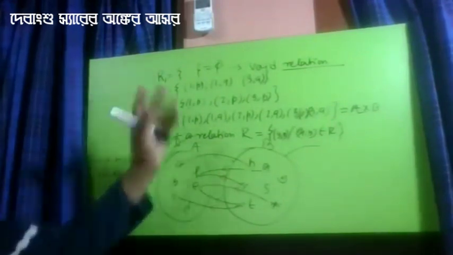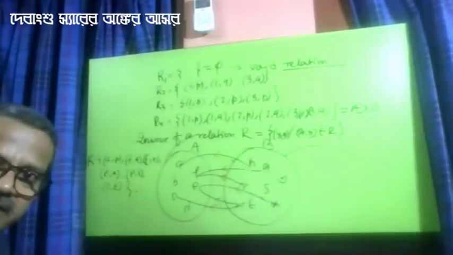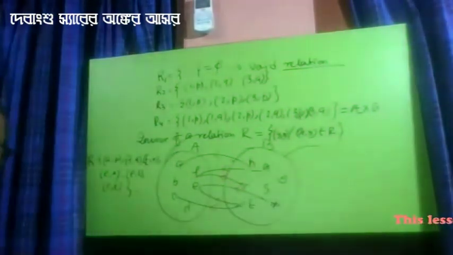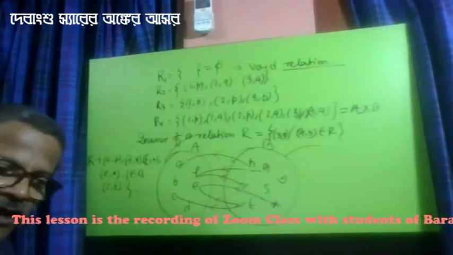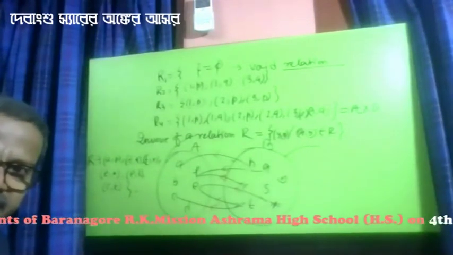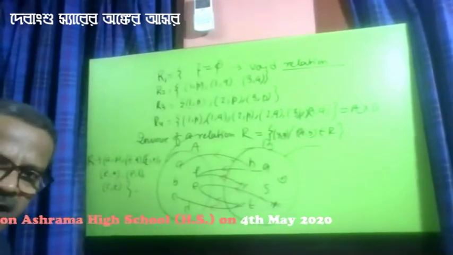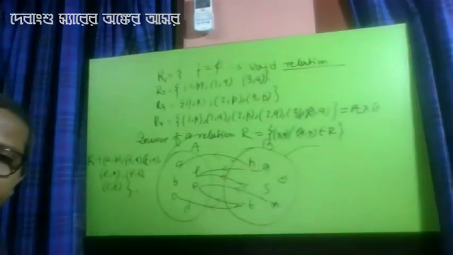We learned about void relation, universal relation, and we learned about domain, range and inverse of a relation. Next day we will do some sums related to this. Okay.